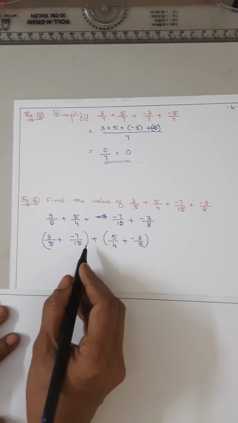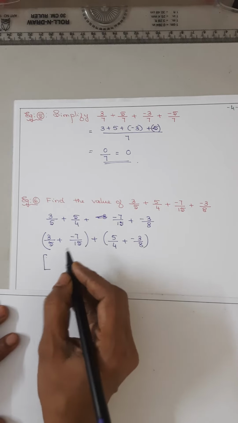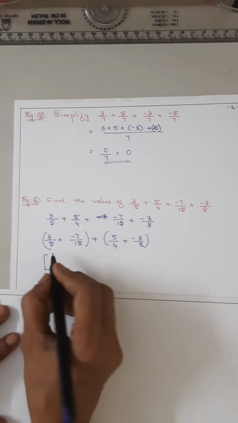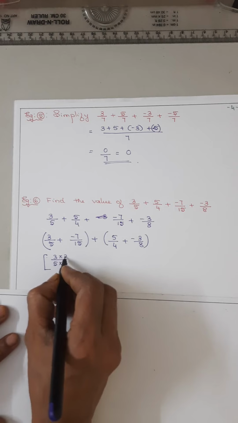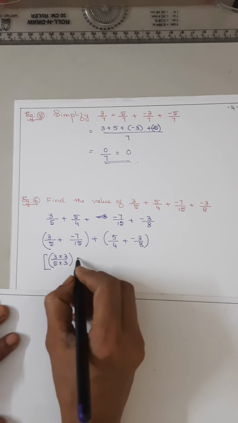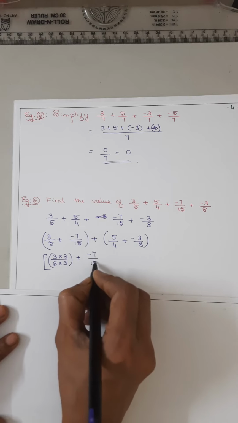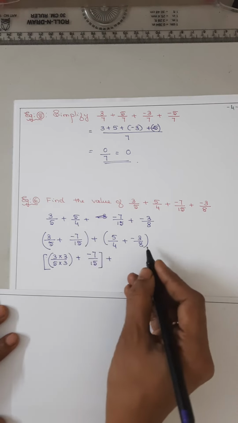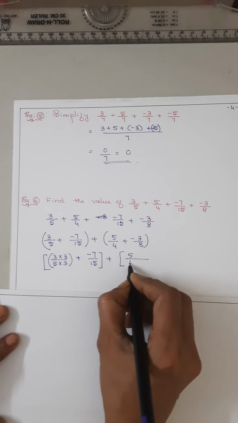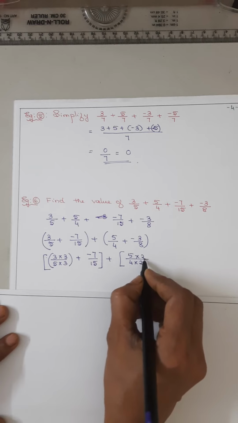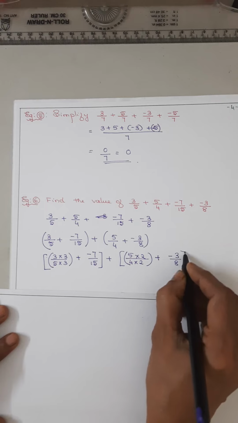So 5 and 15, the LCM is 15, isn't it? 15 is the bigger number, it is in the table of 5. So 3 by 5, 5 threes are 15, minus plus minus 7 by 15. It will remain the same. Now 4 and 8, 8 is the LCM. So convert 4 twos are 8, plus minus 3 by 8.